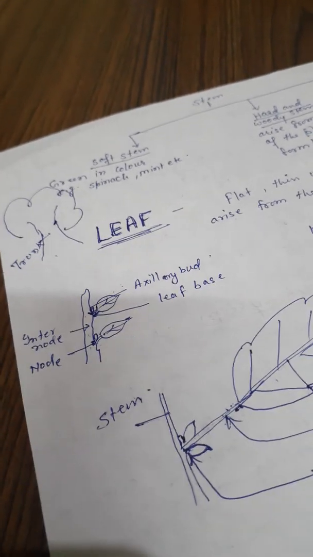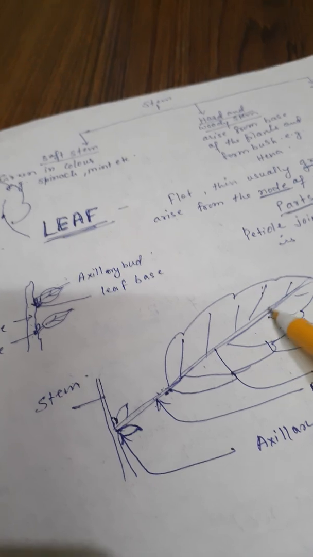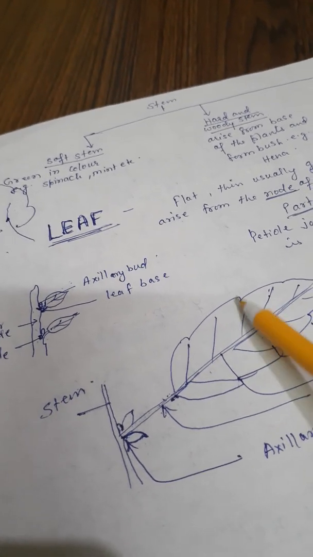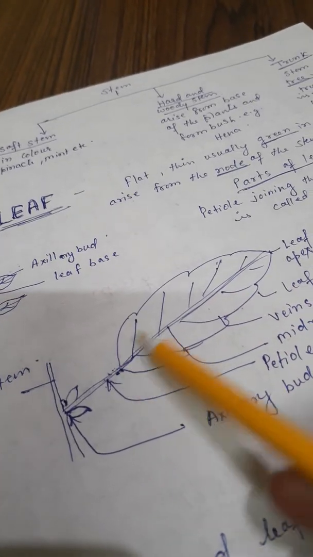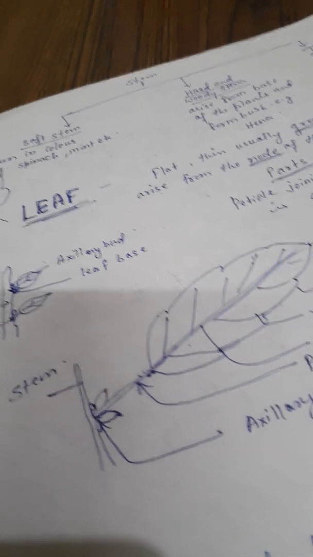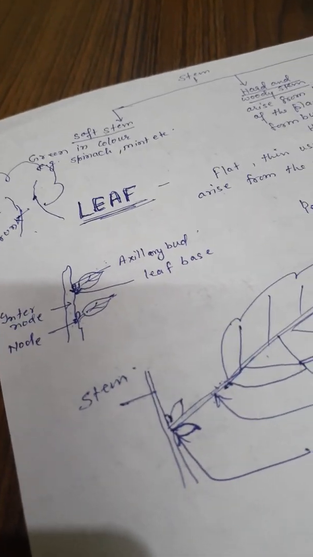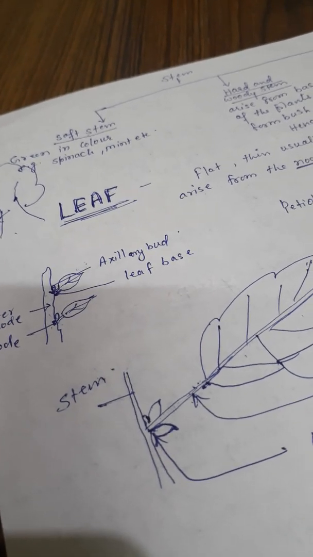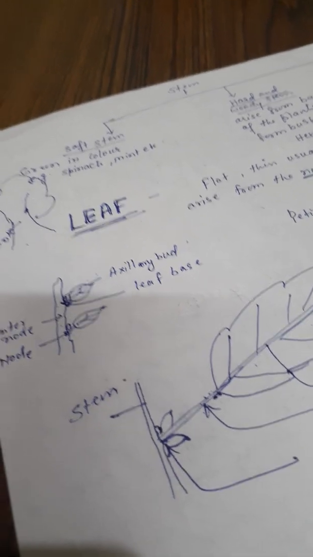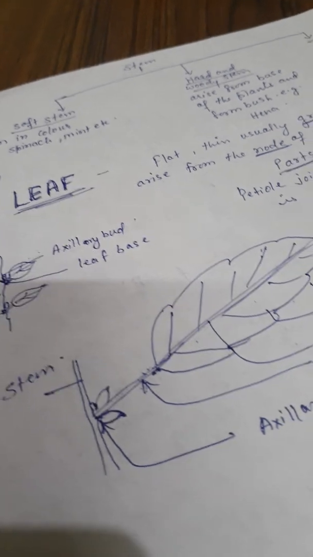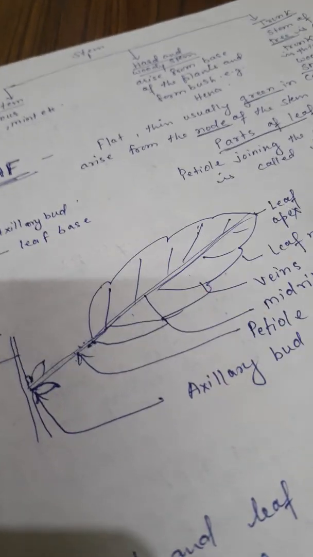It is very broad, expanded. You see, this is a very broad, expanded, thin part of the plant, called leaf blade or lamina.